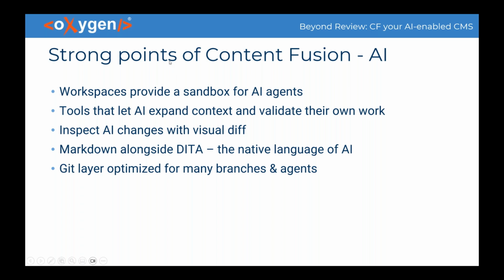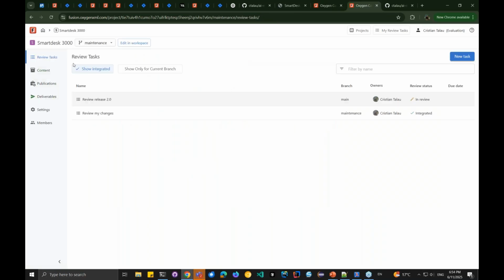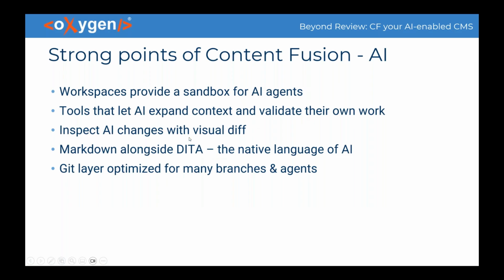Also, when we add functionality for authors in the UI, we also try to add tools for AI agents so that AI agents can do a similar job that you can do using the UI. We have this visual diff tool that I presented earlier, where you can see the changes made by AI and inspect whether you agree with them or not.